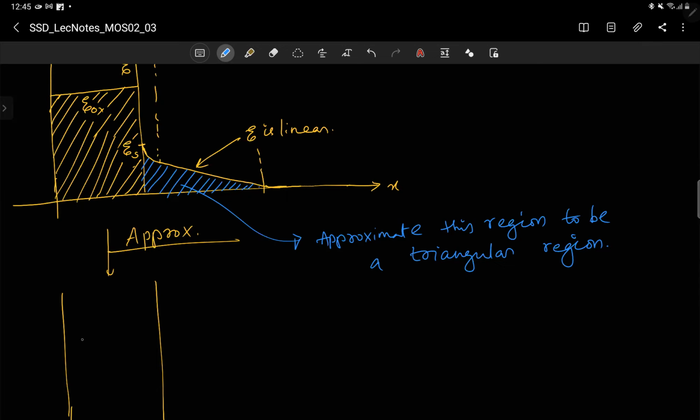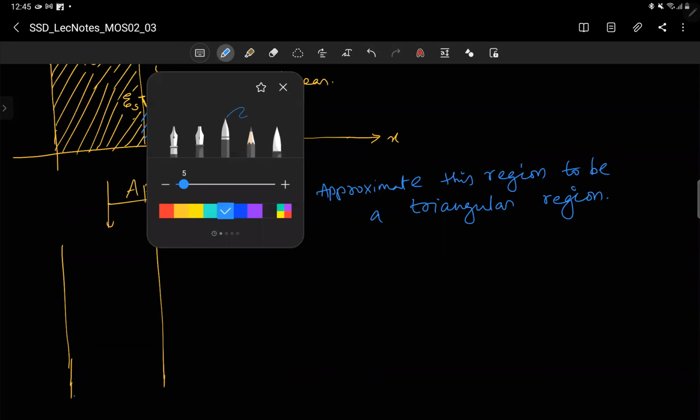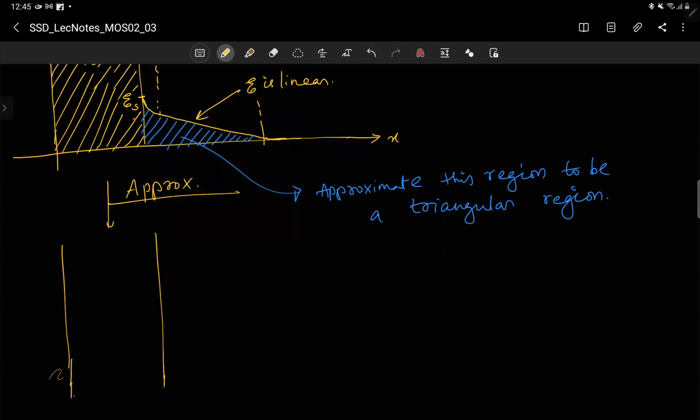So the approximation here is that it is E ox here, and it is a proper, perfect triangle here.